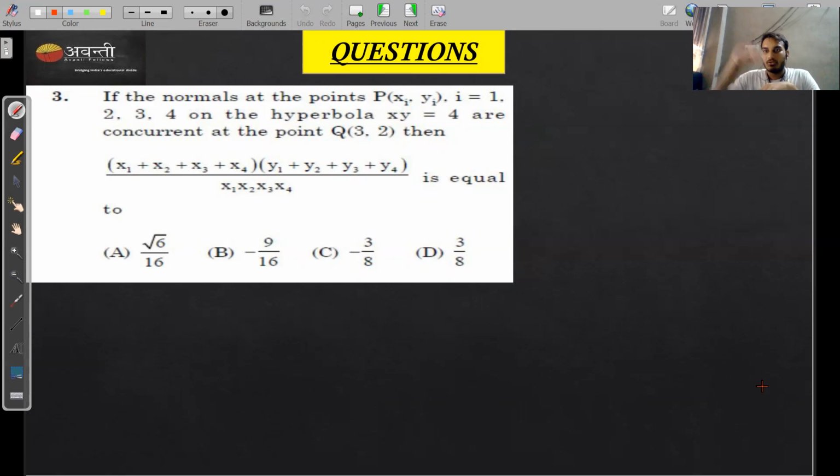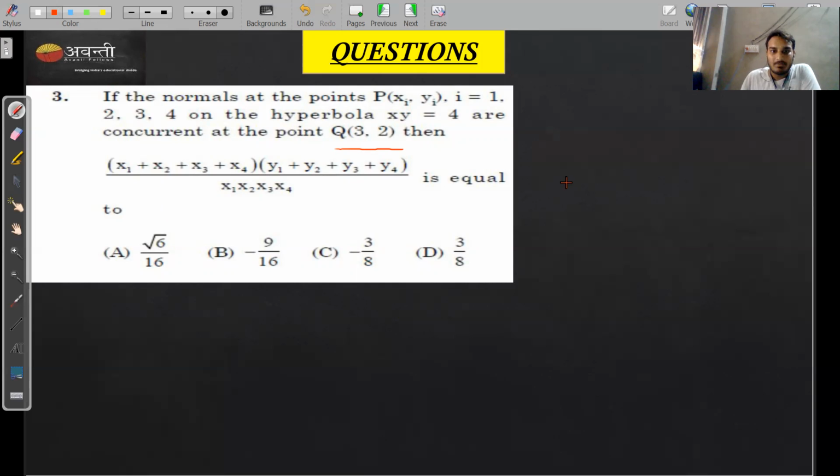The 4 normals happen to intersect at the point 3, 2. Those points are x1, y1, x2, y2, x3, y3, x4, y4, and then we have to find some relation between these. So how do we find this?